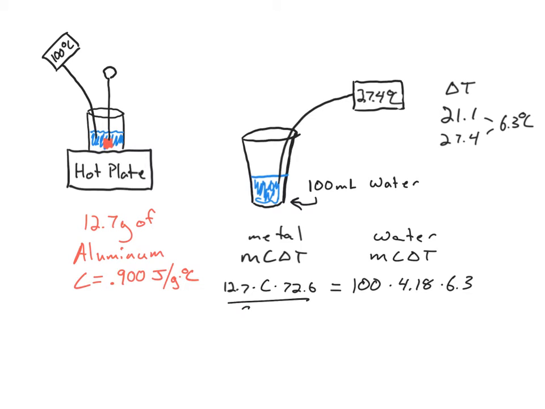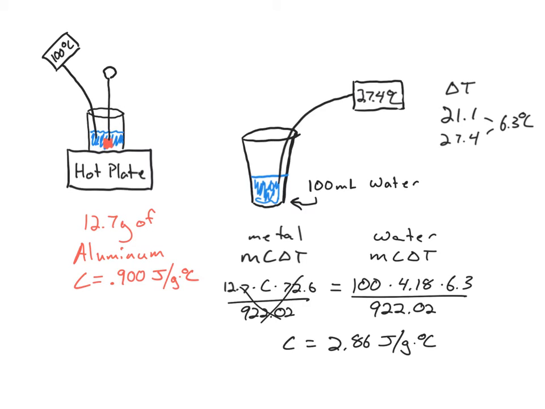So we're going to divide both sides by 922.02, right? So that cancels that. So I'm going to do 100 times 4.18 times 6.3 divided by 922.02, and what do I get? I get a C of 2.86 joules per gram times degree Celsius.